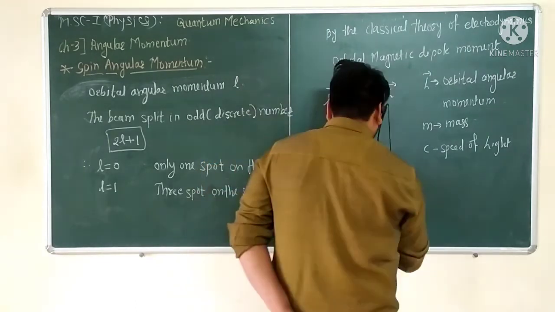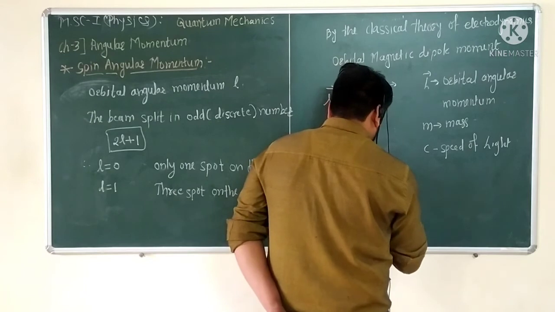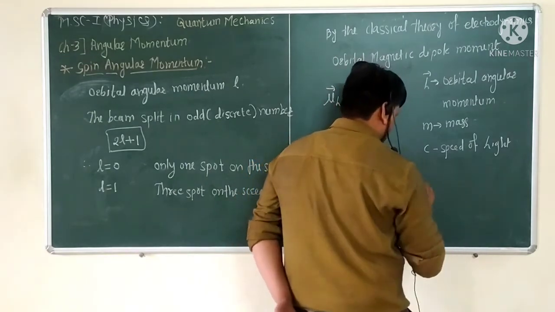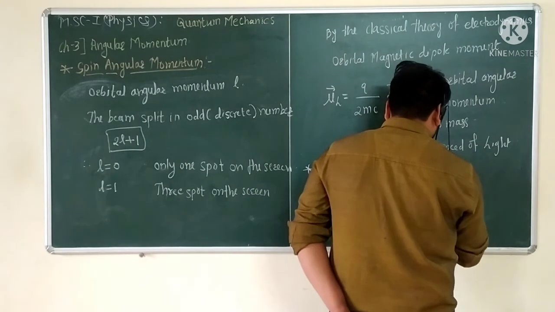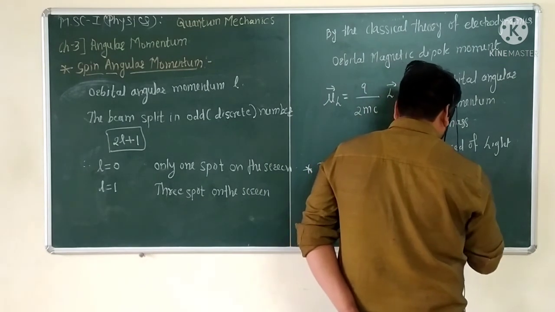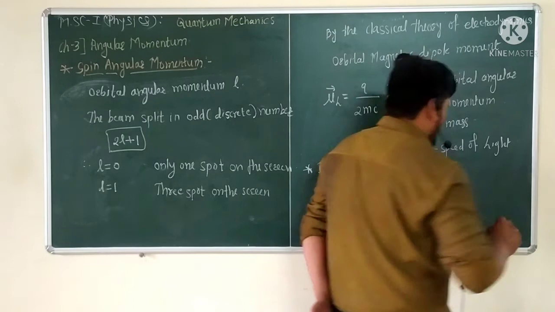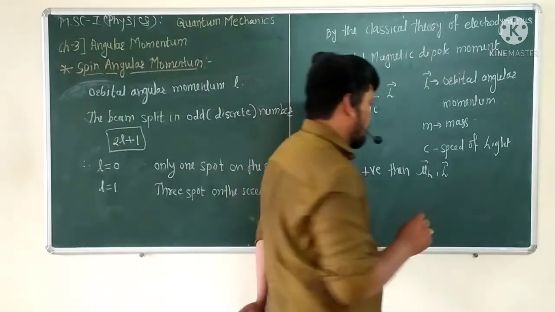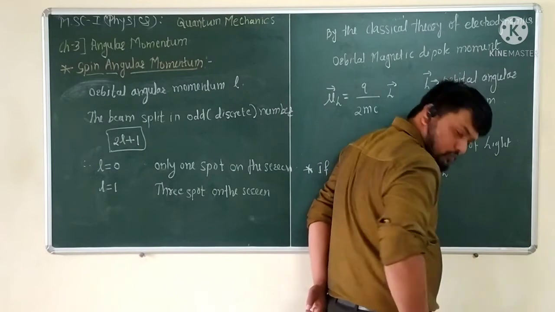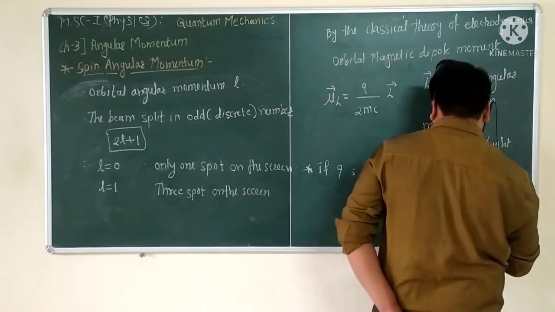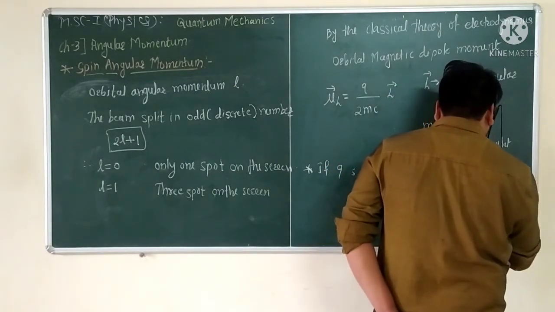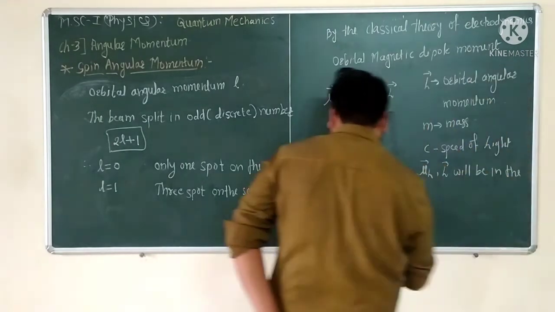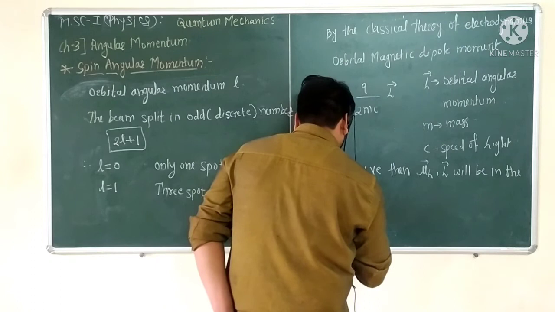So if q is positive, then mu l, the orbital magnetic moment, and the angular momentum will be in the same direction.